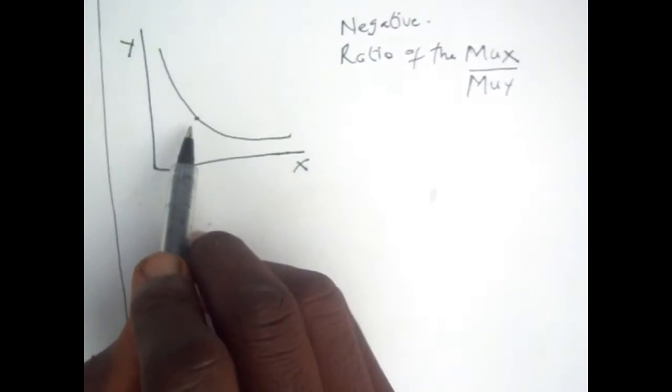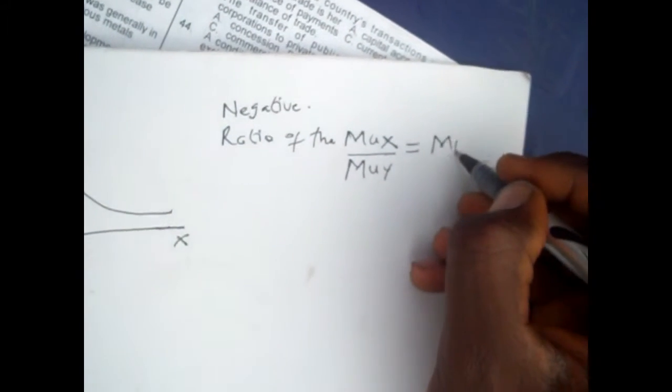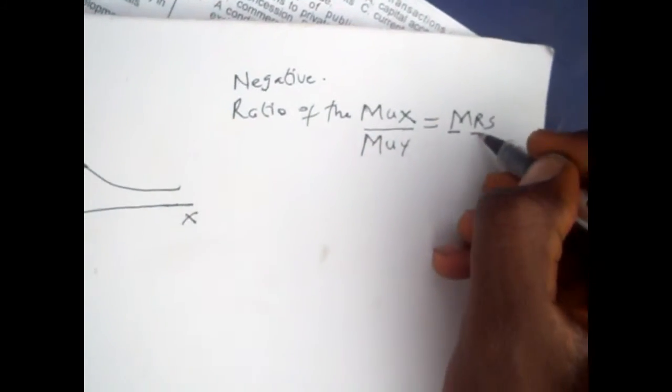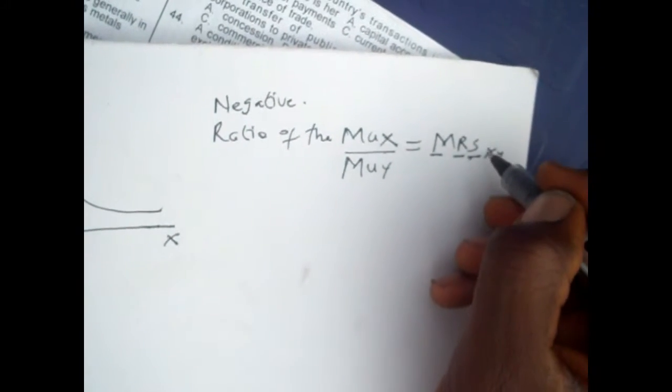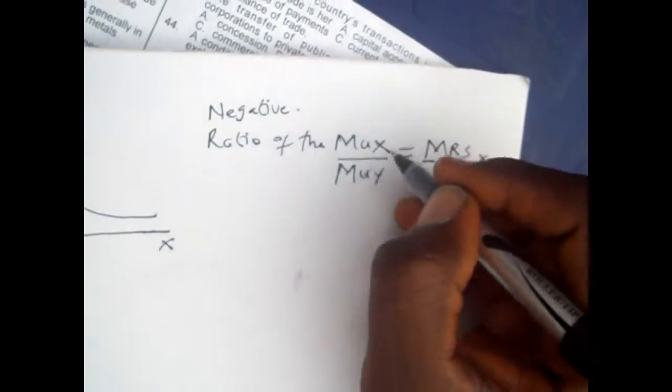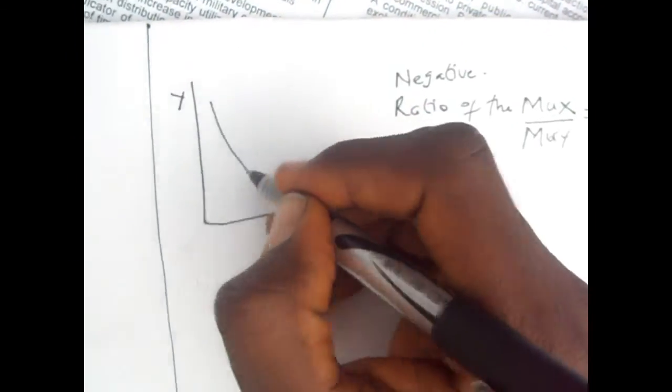So the slope of the indifference curve is the ratio of their marginal utilities, and that's why we call it MRS, marginal rate of substitution. So the MRS is the same thing as the ratio of the marginal utilities of the two commodities, and that is the slope of the indifference curve.